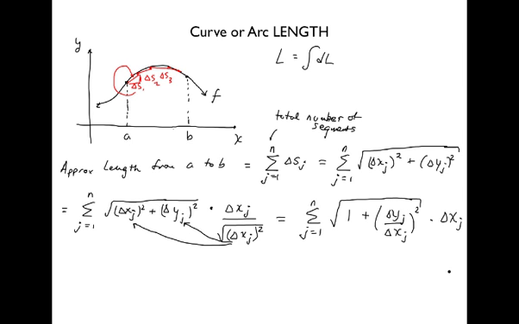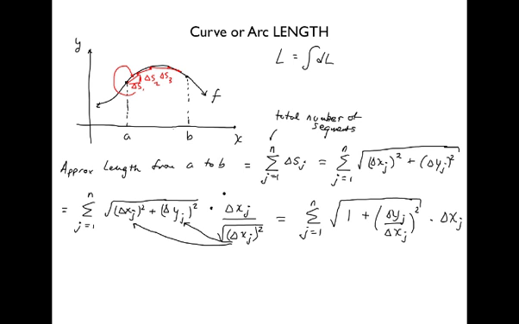I kind of did 2 steps at once. Is it okay? Yeah. It's under the square root, so I moved the delta xj squared underneath the square root with the first one. So then it becomes 1, and then delta yj over delta xj quantity squared.